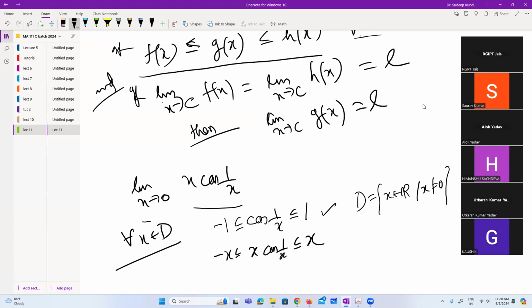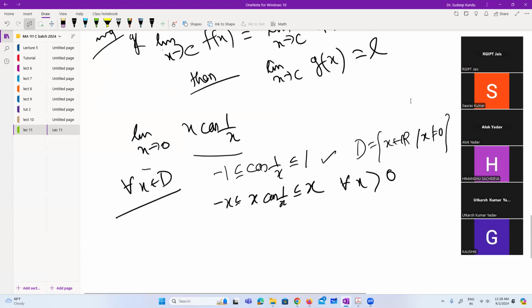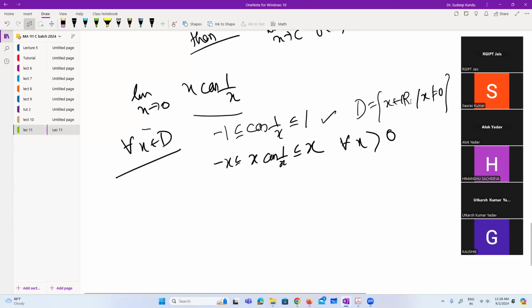This is for x positive. Similarly, for x negative, what will happen to this inequality? How will we write it from here to here for all x less than 0? If we multiply, what will happen?